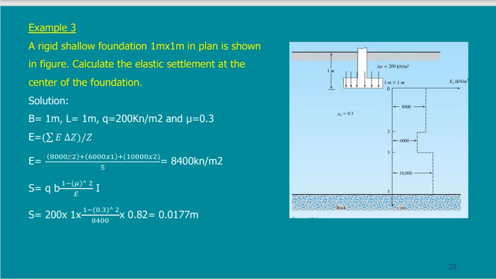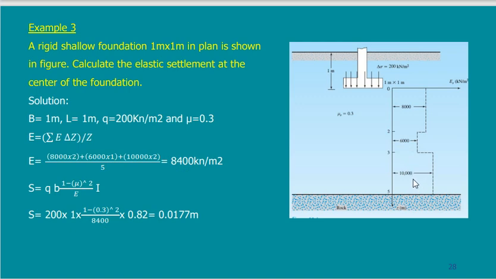So I will multiply the value of E, which is here 8,000, by the thickness, and the other value by its thickness, and the third value by its thickness, and divide by the full thickness to get something called E equivalent, for me to use for the portion below the footing. I will use the same equation, and I will use the E I got, which is 8,400, instead of using it for each one.